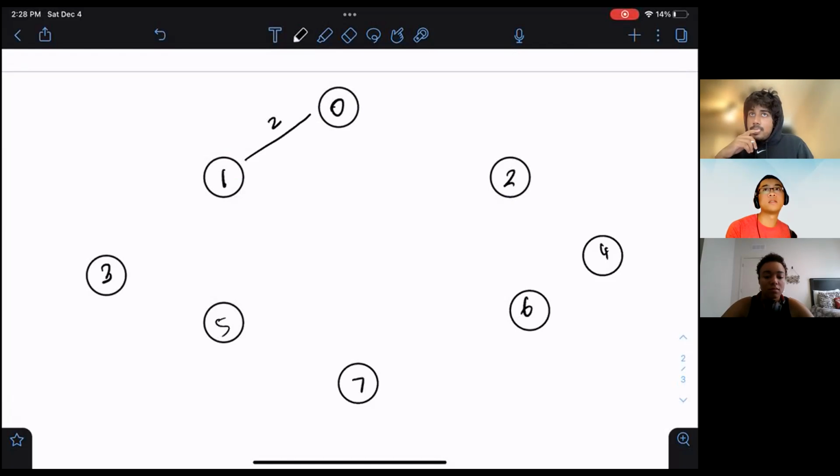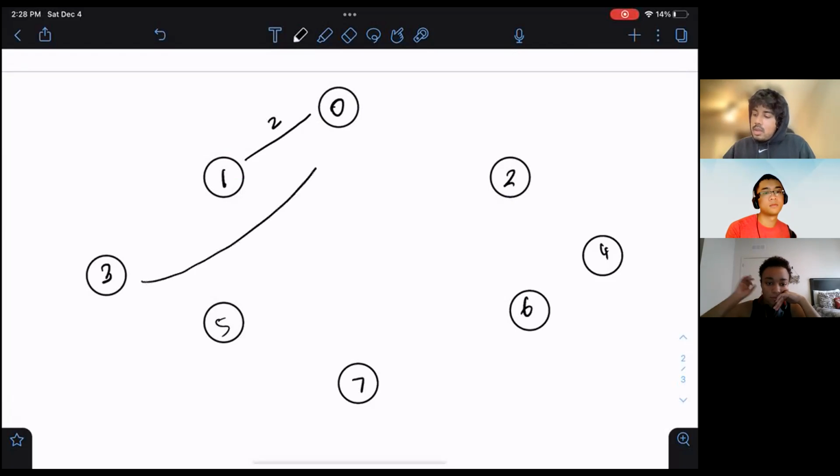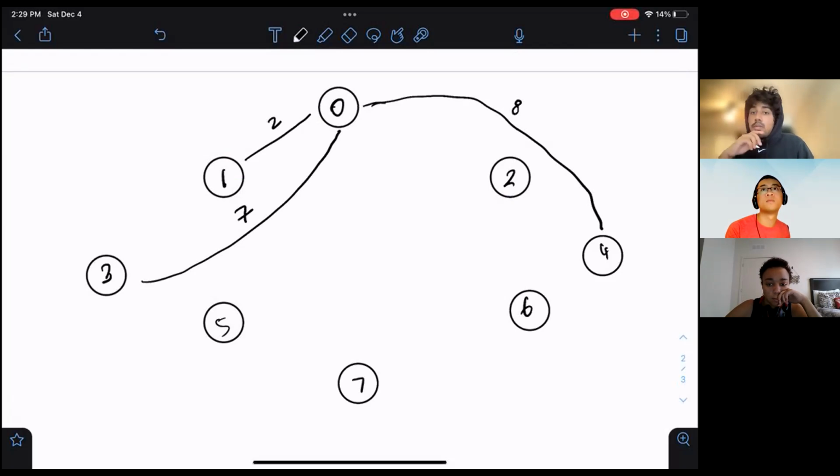Then 0 goes to 3 with the weight of 7. And then 0 goes to 4 with a weight of 8. And then 1 goes to 0, we already did. 1 goes to 2 with a weight of 5.